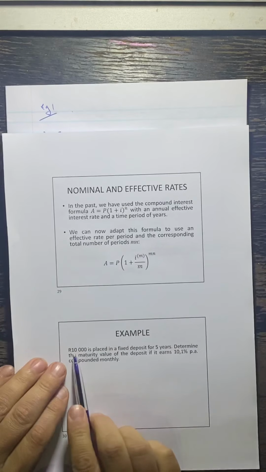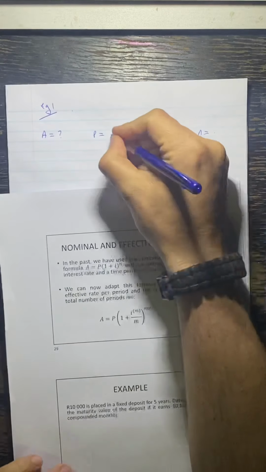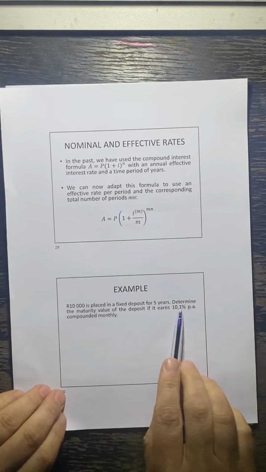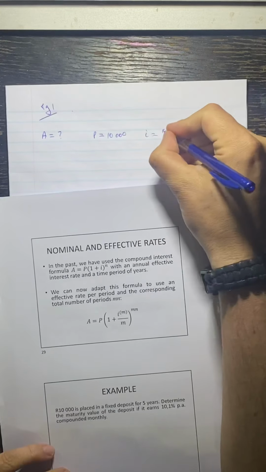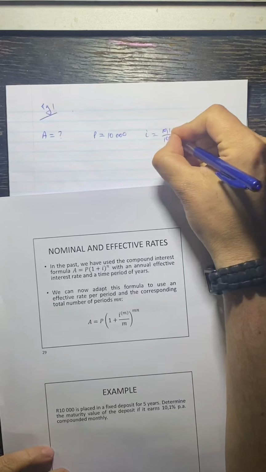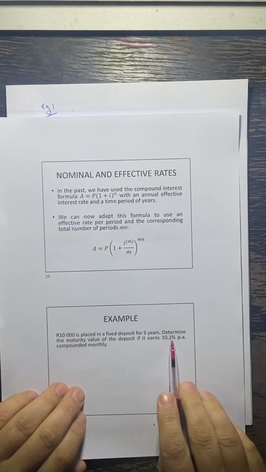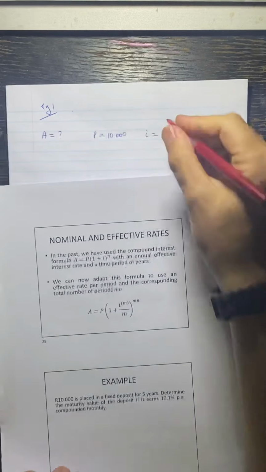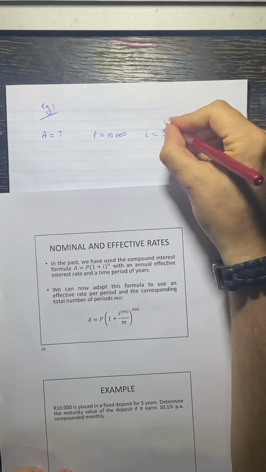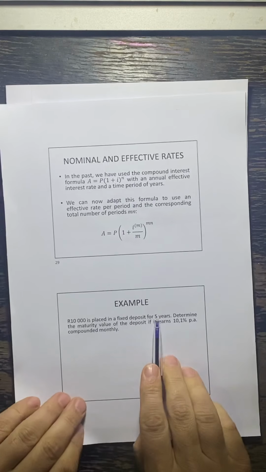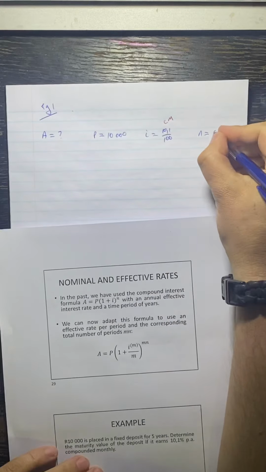Now, the principal amount will be 10,000. Our interest rate is 10.1%, so that's 10.1 over 100. And I just want to make a note here, guys. They said it's 10.1% per annum compounded monthly. So I'm just going to say here CM, compounded monthly. And how many years? 5 years.